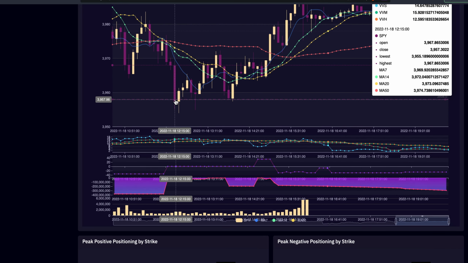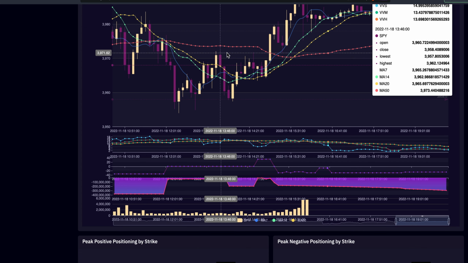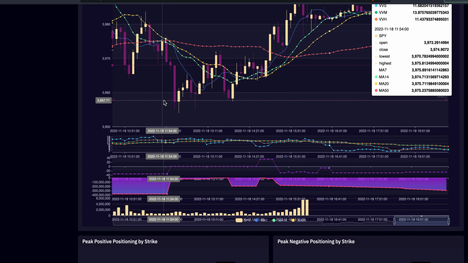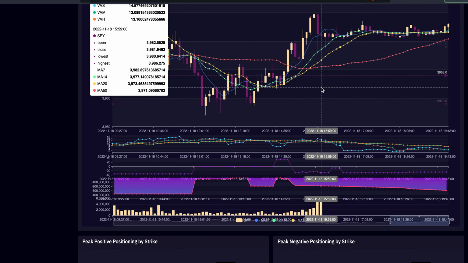Just over here. We're also at a major peak negative level rather. We had a look below, went down to like 3953, and then from there the trend completely reversed. We were no longer in a downtrend.